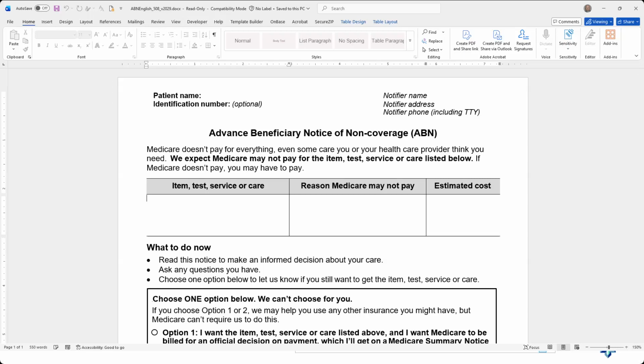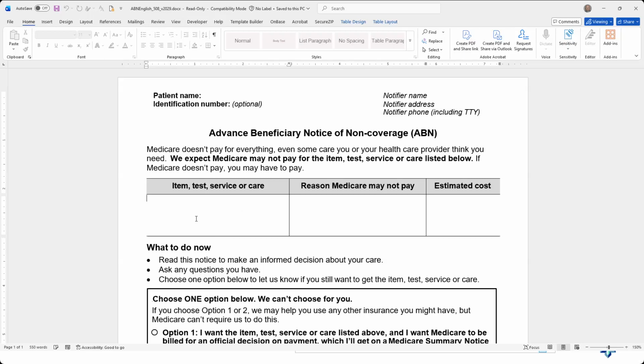Right? So that's where we're kind of talking about some of the different items and services we wanted you to be aware of. A couple people did ask me about this items, test, and services and what is Medicare looking for. Don't use a procedure code. Use a term that the patient would recognize. So it could be a lab panel or lab services for something, and that something is what it's for.